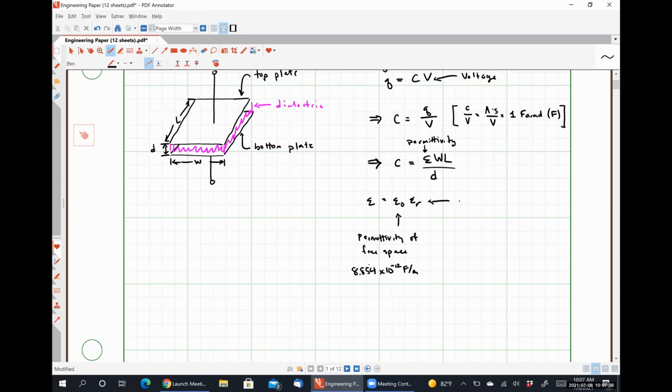Epsilon r is what's called the relative permittivity, and that depends on the material.